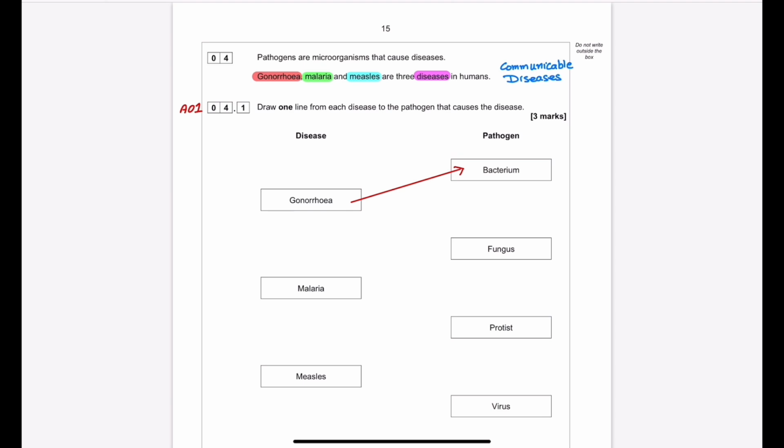Malaria is a disease which is caused by protist. Whereas measles is a disease which is caused by virus.